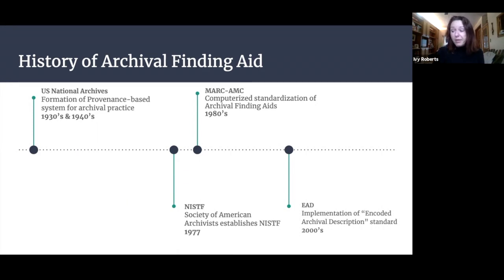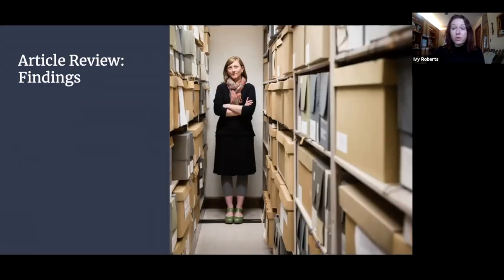At this point, the barriers to usability begin to become overwhelmingly clear. And in the 2000s, the discourse of archival descriptive material shifts from one of standardization to one of user-friendliness. But in sum, the EAD format made finding aids searchable while providing a universal format for the structure of archival descriptive materials.